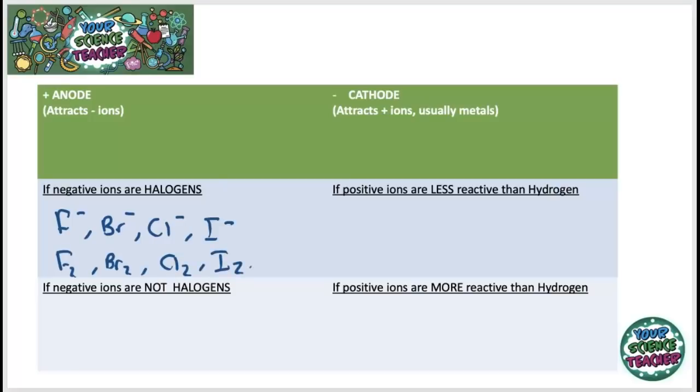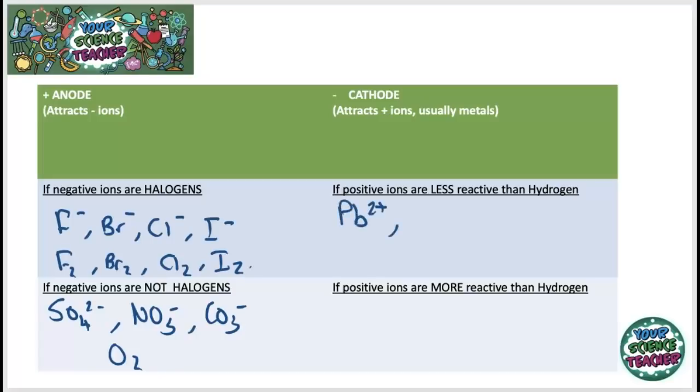However, if your negative ions are not halogens, for example, sulfate's not a halogen, or nitrate's not a halogen, or carbonate's not a halogen, then you will end up making oxygen at the anode.